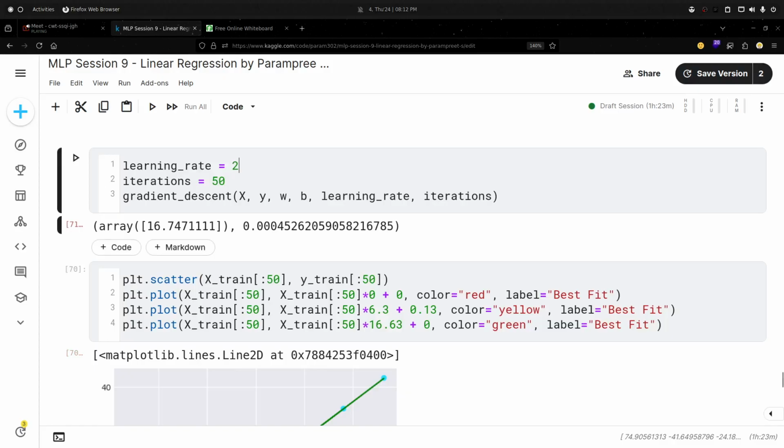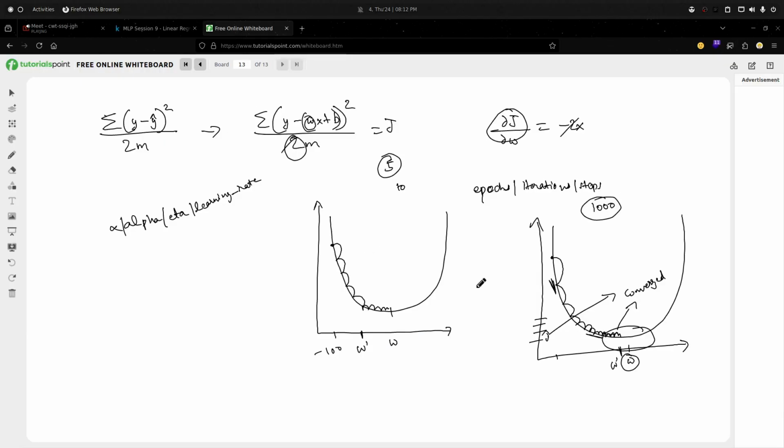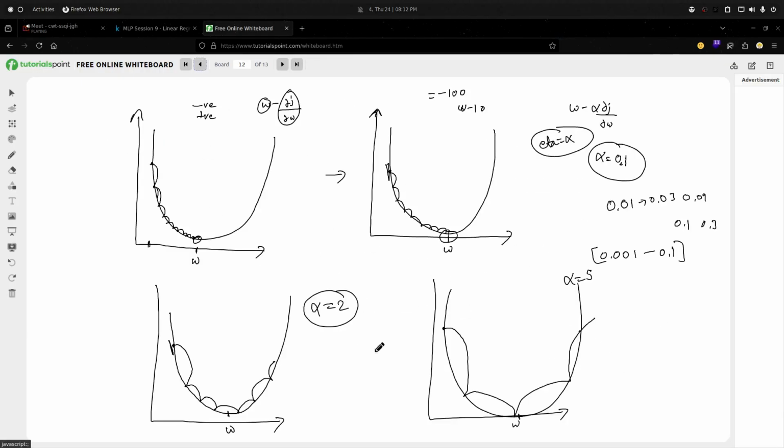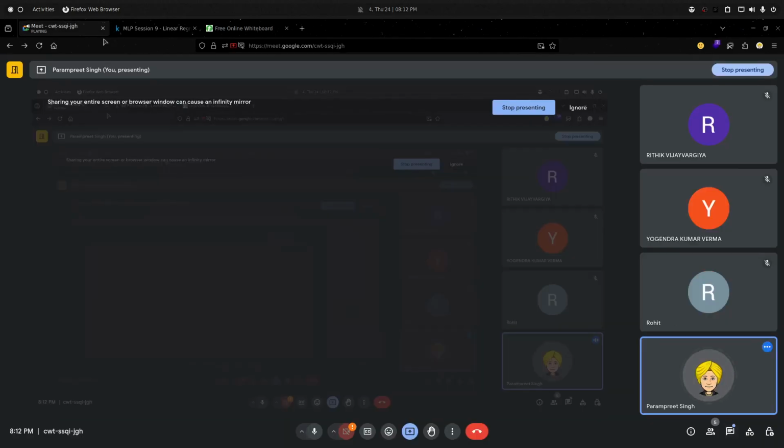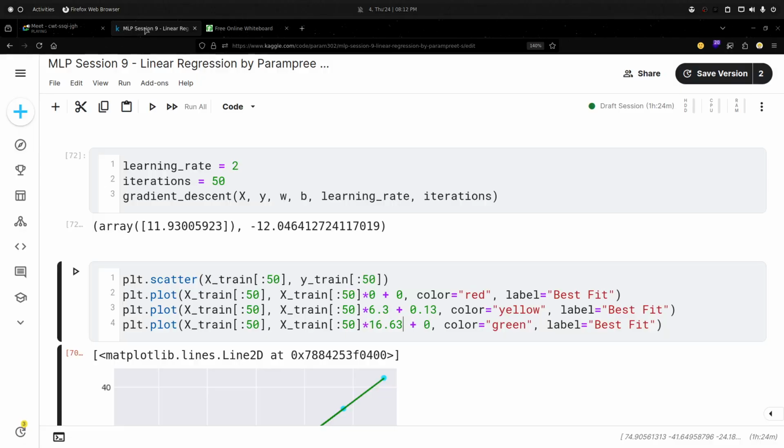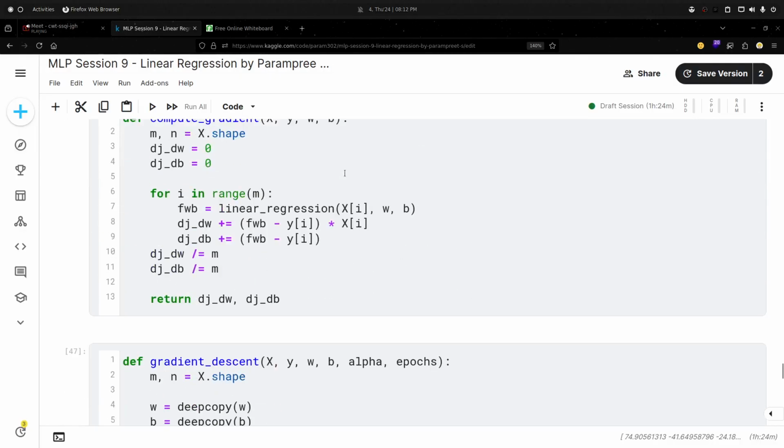And if I set learning rate to 2, I may overshoot it. So as I said, we may overshoot like this. Okay, and that's why we're getting 11 as the W value, but the optimal value should be around 16. Okay, so this is how learning rate affects the linear regression model.